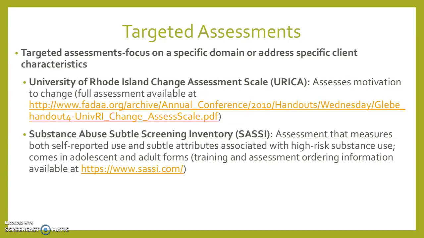The advantage to this assessment is that it can help with assessing and providing preliminary diagnoses related to substance use disorders with clients who are less than honest about their current use through information that they provide on the subtle assessment.